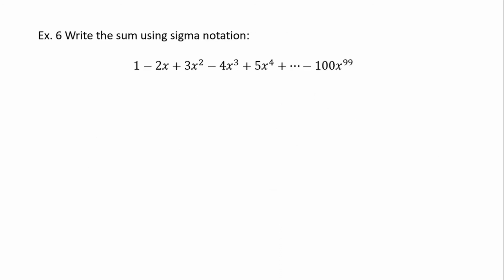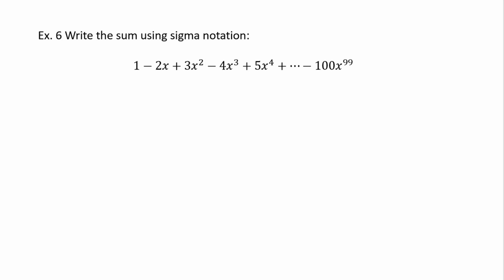Write the sum using sigma notation. 1 minus 2x plus 3x squared minus 4x cubed plus 5x to the 4th plus ... negative 100x to the power of 99. In order to write the sigma notation, it is always helpful to find the nth term first.